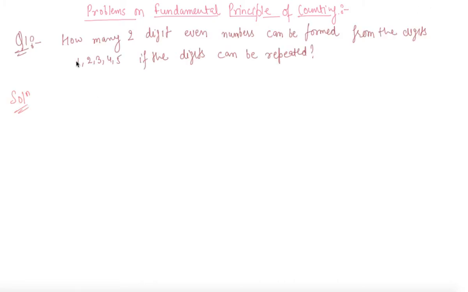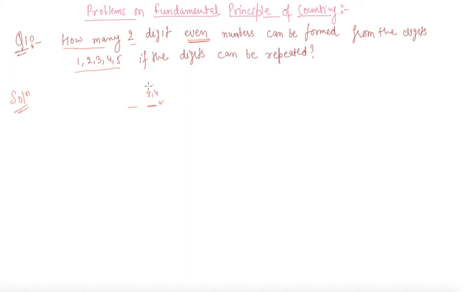So student, here is the question which states: how many two digit even numbers can be formed from the digits 1 2 3 4 5 if the digits can be repeated, sorry, can be repeated. Okay, let's say for an even number, what can this place take?